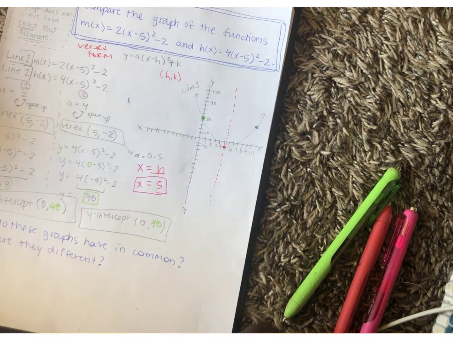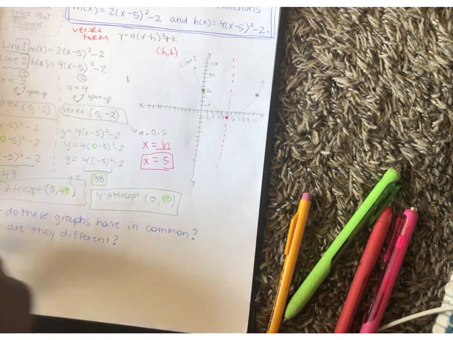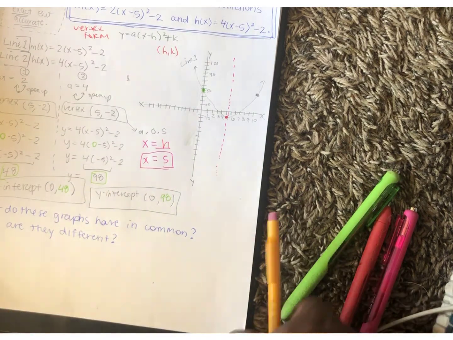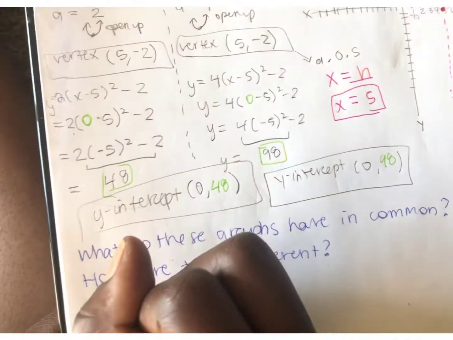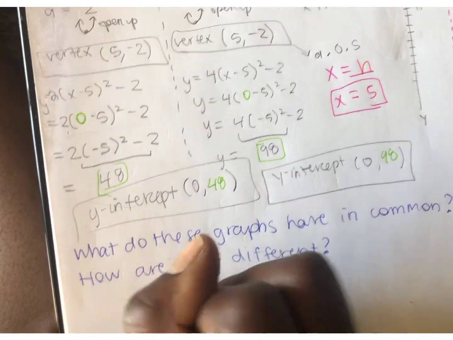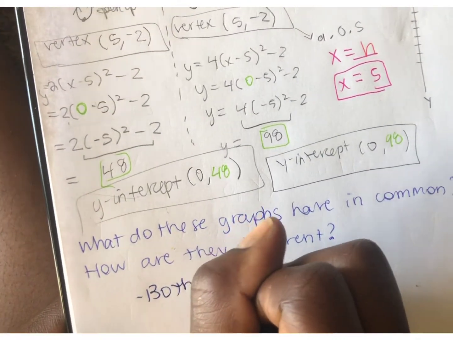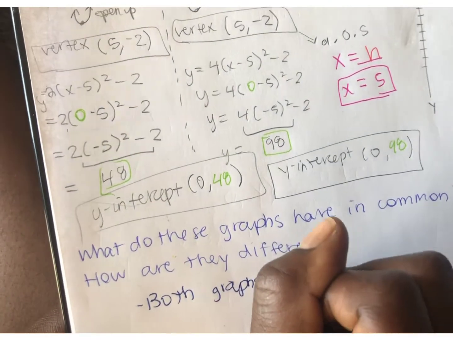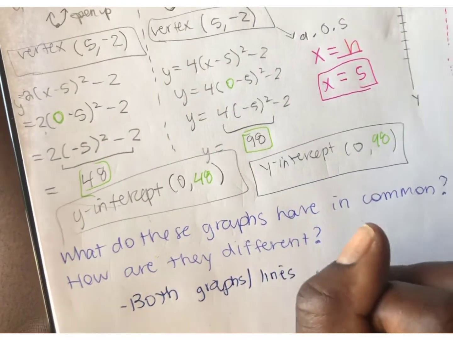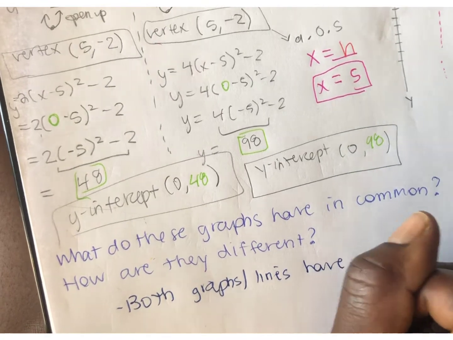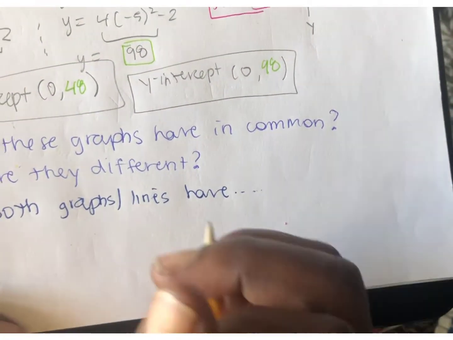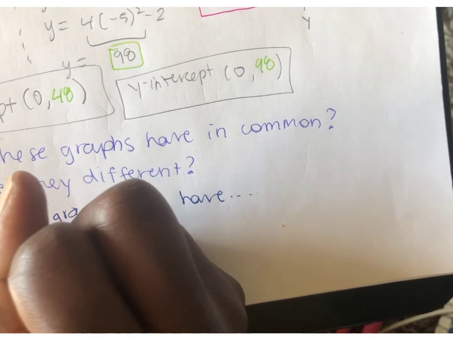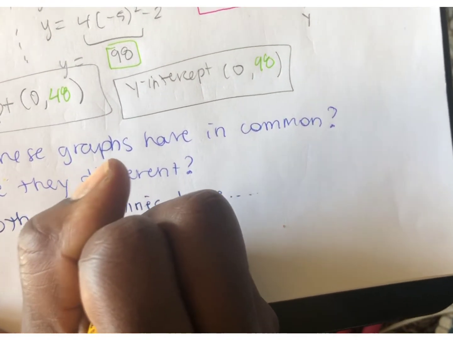Okay? Now, before we move on, I want us to write some things that they have in common already. Our sentence stems are going to be: both graphs, or you can say lines, have the same... what do they have in common?